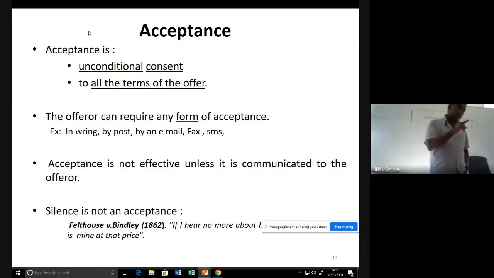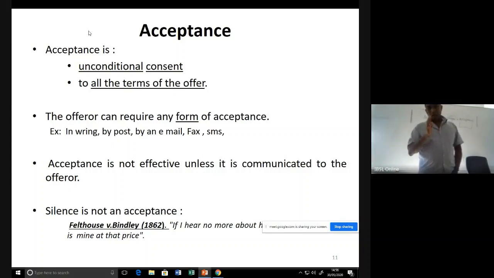It's an acceptance with a condition, so it is not a valid acceptance. Acceptance is unconditional consent to all the terms of the offer. So that means when the offeree accepts, the offeree can't accept part of the offer.